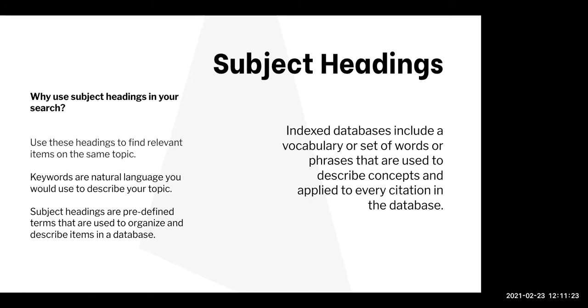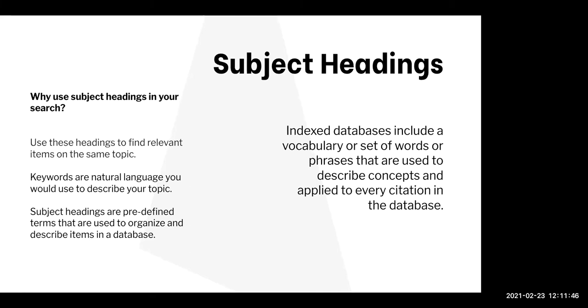Databases that are indexed and have subject headings essentially have their own vocabulary, which is used to describe everything in that database. Every citation, every item in the database is connected to a particular term in that system.